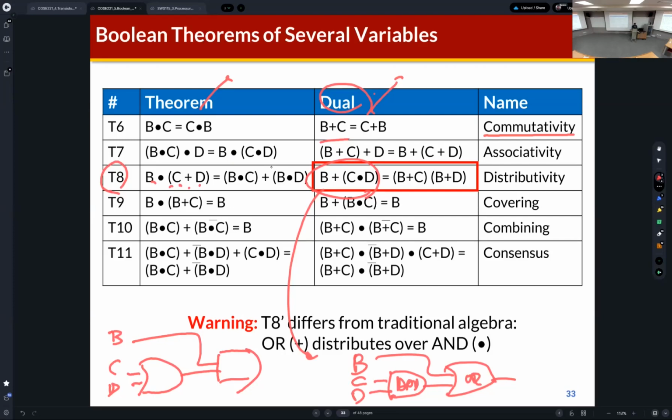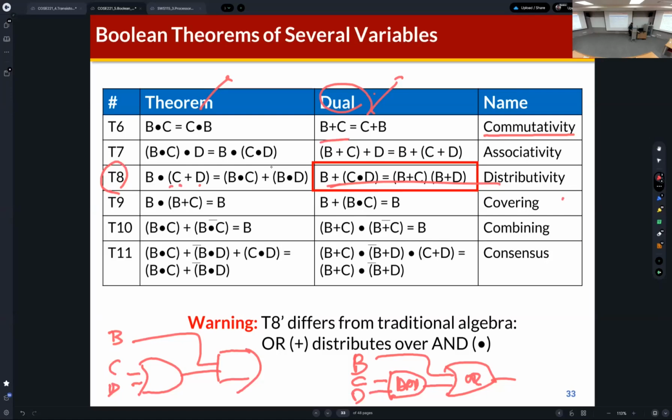So you may easily understand this distributivity, and we can just apply the same distributivity for the AND and OR gates because these are just gates. Okay. So another theorem P9, P10, T11 for the covering, combining and consensus.